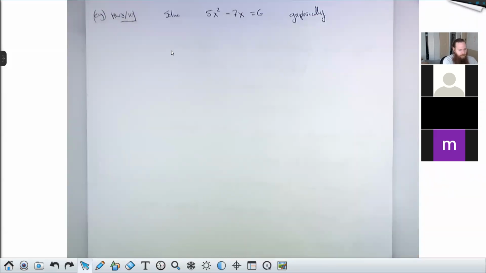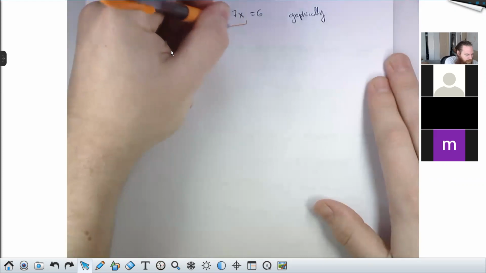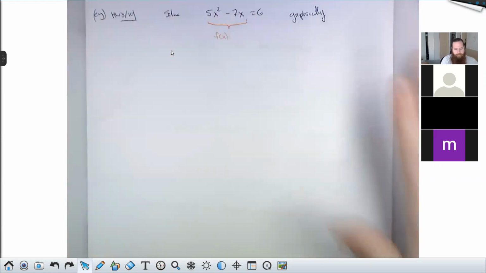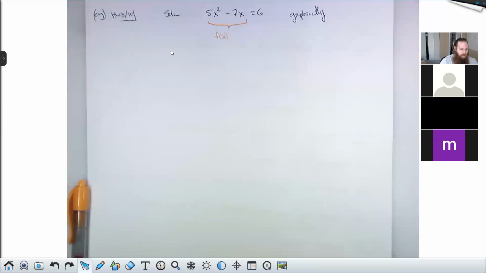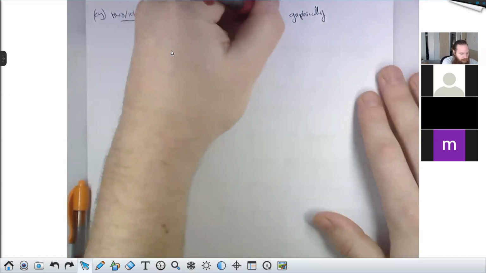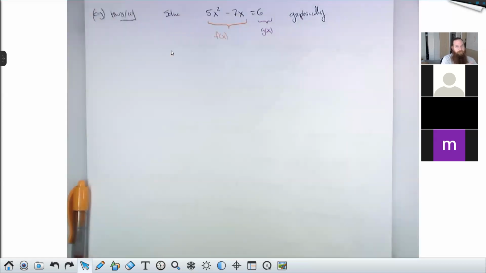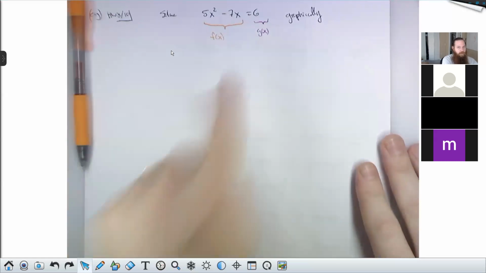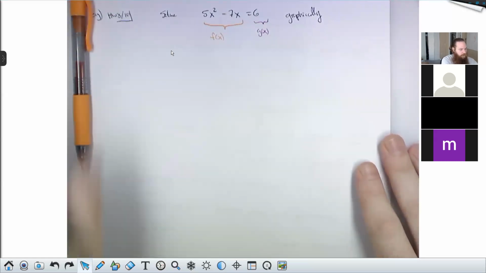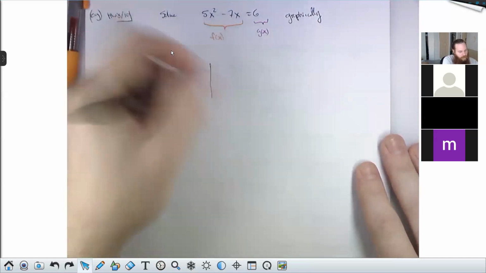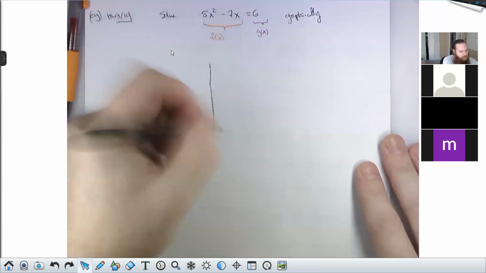You can think of this as f of x, and this as g of x. And what we want to do is find where does f of x equal g of x. So we can graph those two things as though they're separate functions, and then try to find the intersection points.